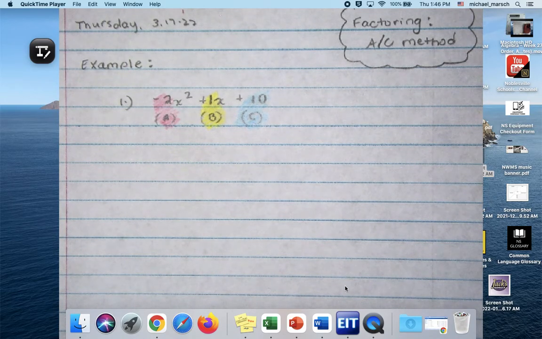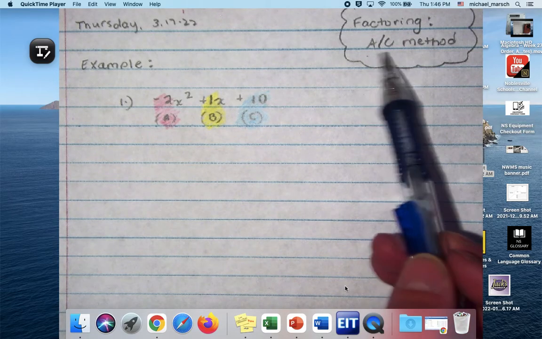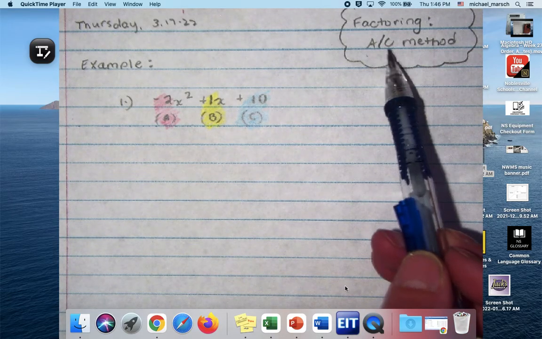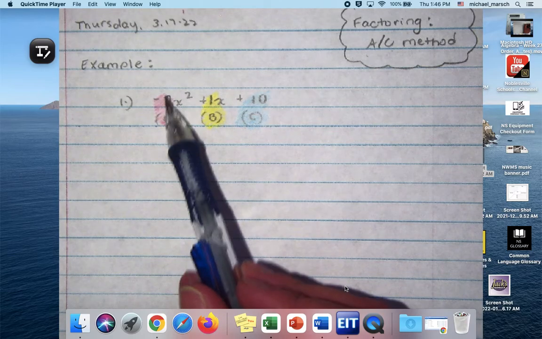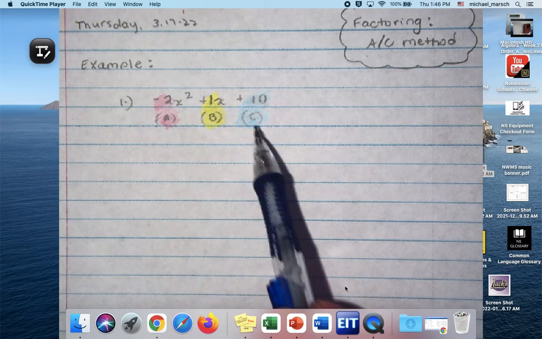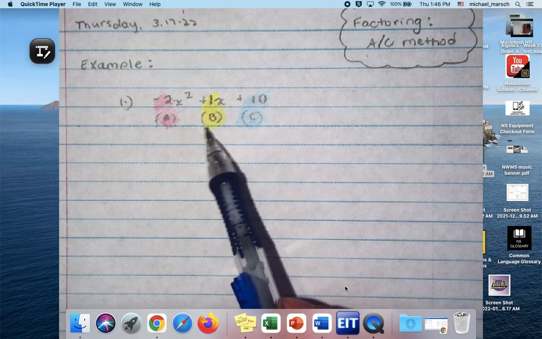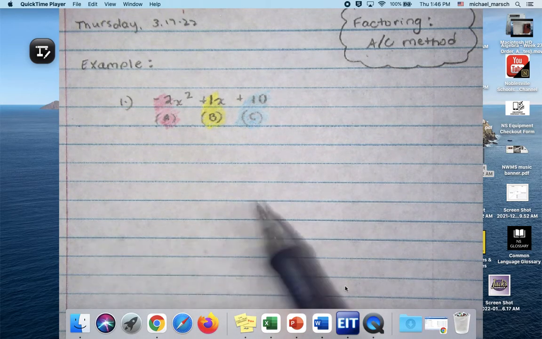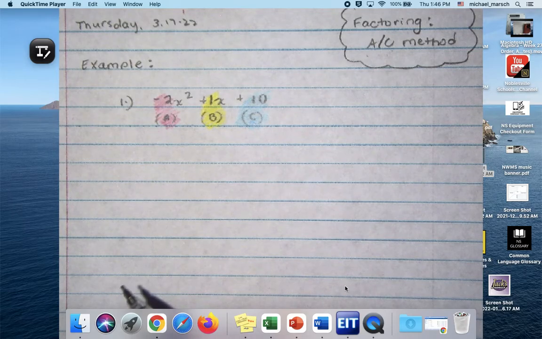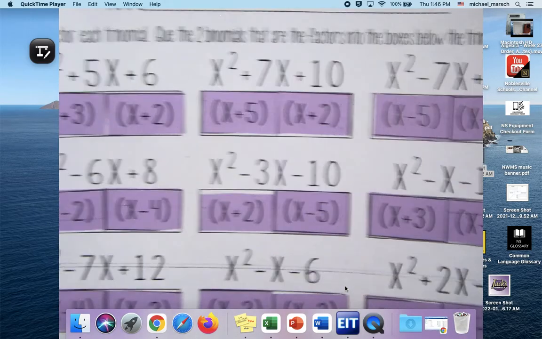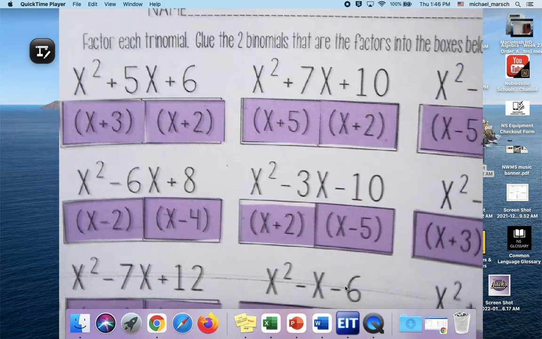Okay. So this is called the AC method because we're going to be using the value that is associated with A and the value that's associated with C to help us. I mean, we're going to use B as well, but A and C are the most important for this process. Just like before, our goal is to figure out which 2 quantities were multiplied to make that polynomial.